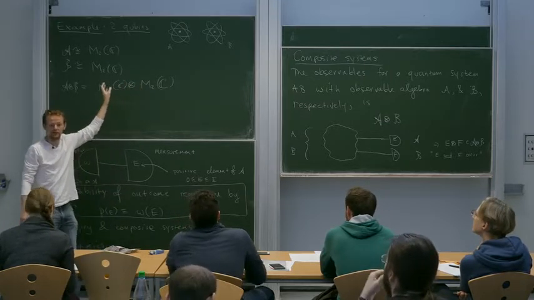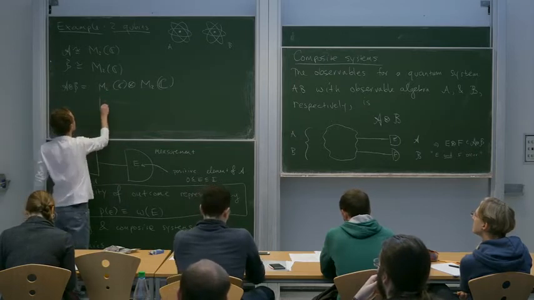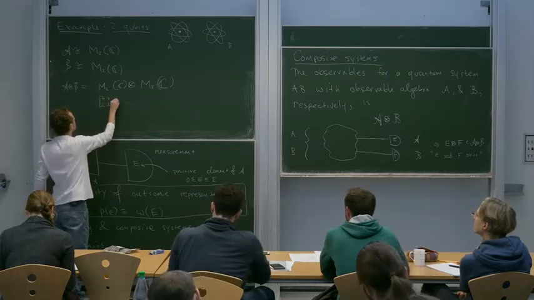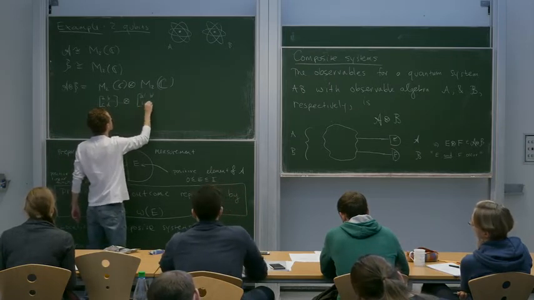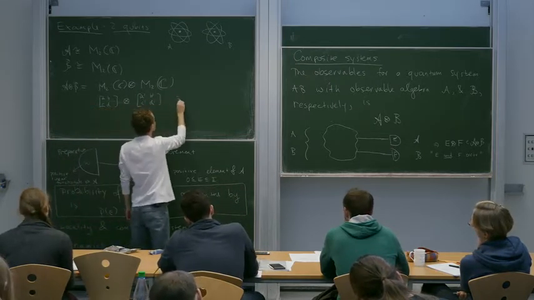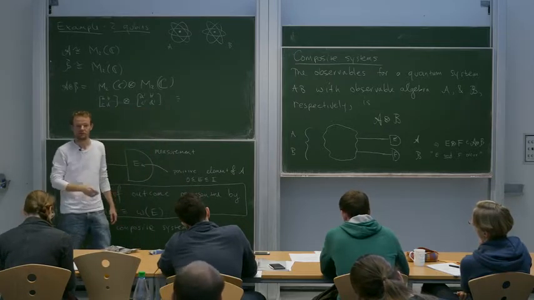if you take a 2 by 2 matrix and you tensor it with another one, then what you get is a 4 by 4 matrix.